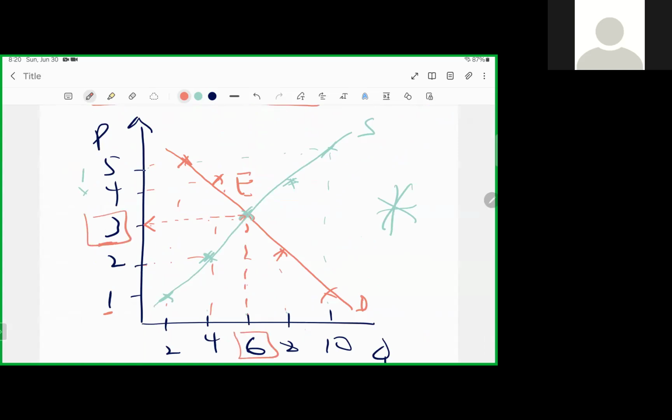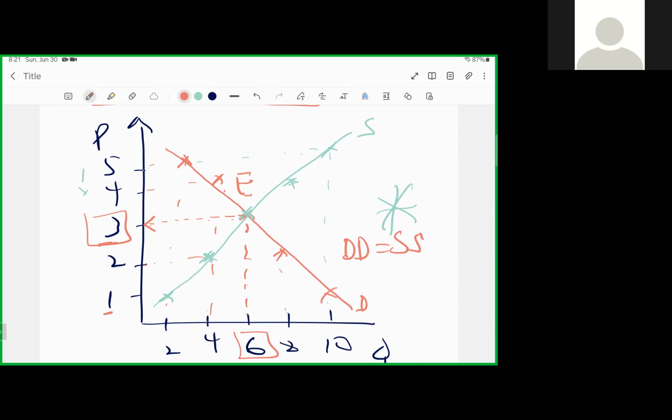So in this particular market, demand is equal to supply at equilibrium. The demanders are happy, and the suppliers are also happy. Later, we will introduce the concept of market clearance to know when the market is cleared.